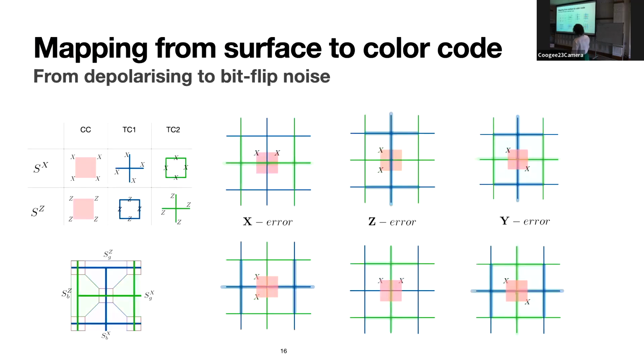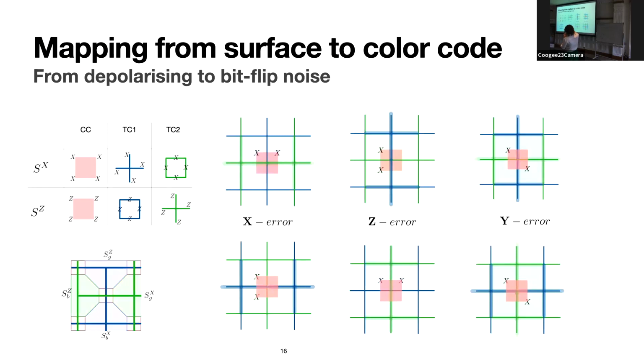Now the way errors map is that, here we actually only consider still just the Z plaquettes of the color code later on. But what matters is, these are the plaquettes of the first and second copies of the toric code. And an X error on the toric code is bound to light up the 2 Z stabilizers.